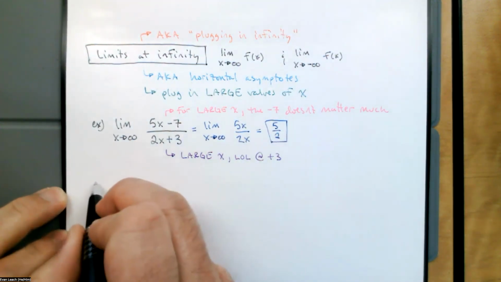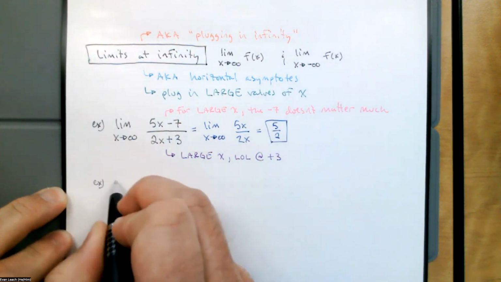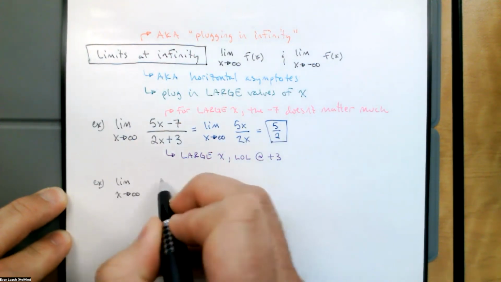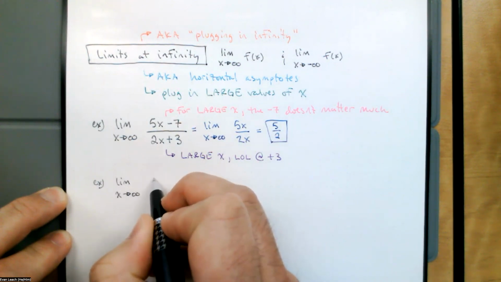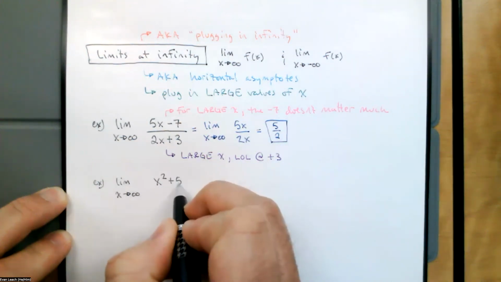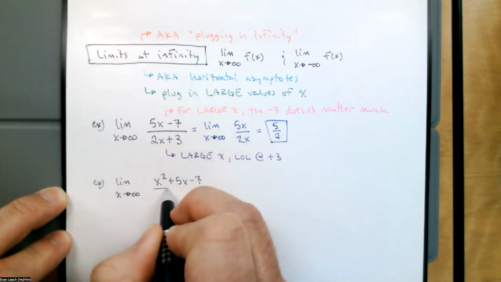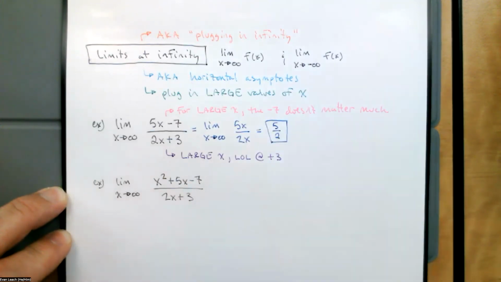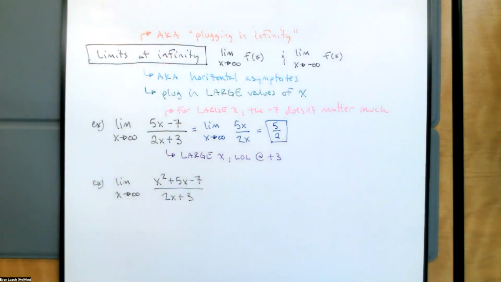I just realized I should do one more, just real quick. In this example, x squared plus 5x plus 7. Now, with that x squared in the numerator, not only the minus 7 does not matter, the plus 5x doesn't matter.